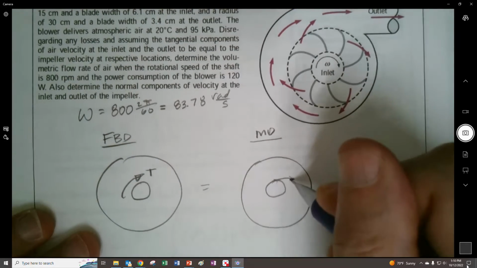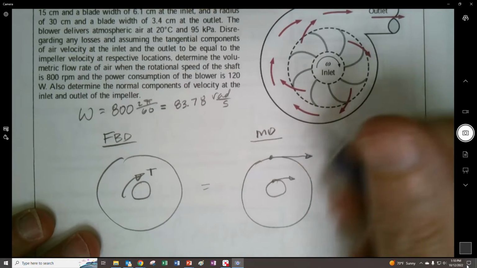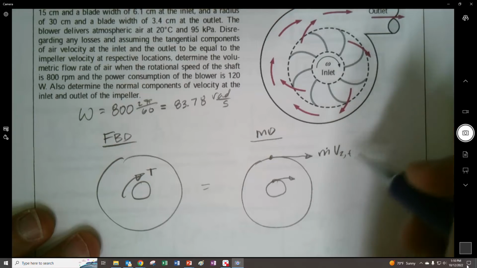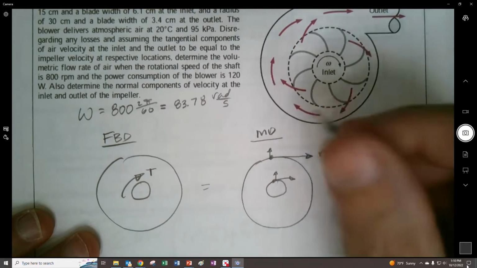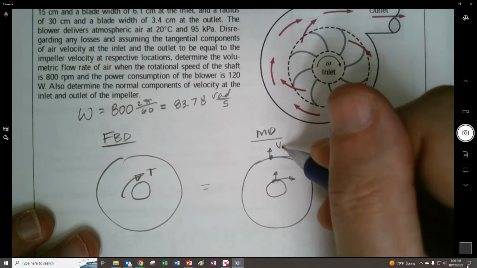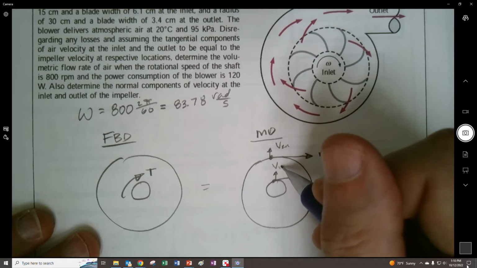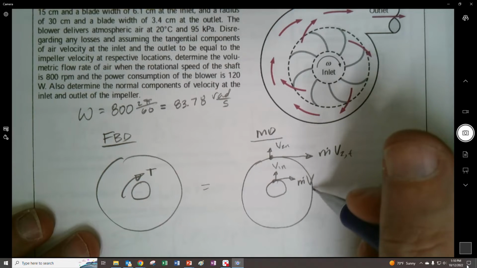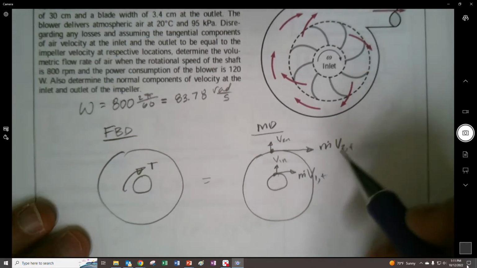We'll use their designations here: m dot v2 in the tangential direction, the v2 normal direction, the v1 normal direction, and m dot v1 in the tangential direction.